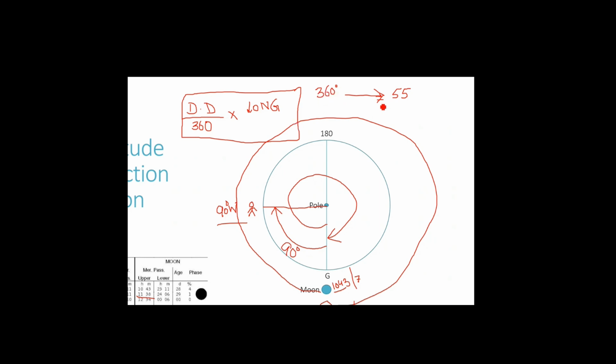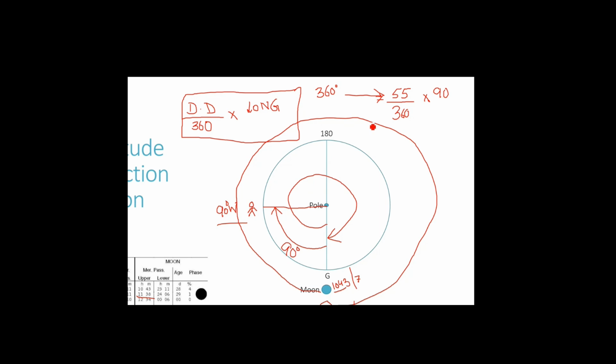Divide by 6. For 360 degrees, the delay is 55. For 1 degree, the delay would be 55 divided by 360. For 90, the delay would be this multiplied by 90, correct? Okay, beta, understood?